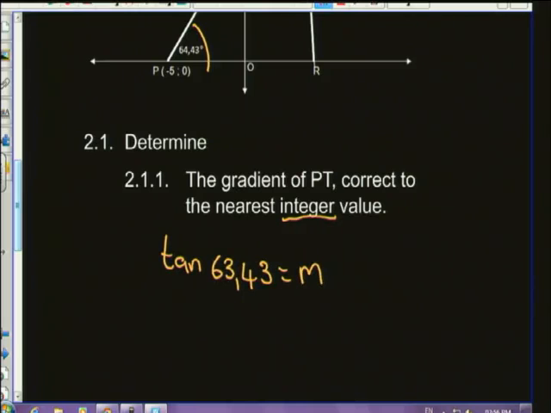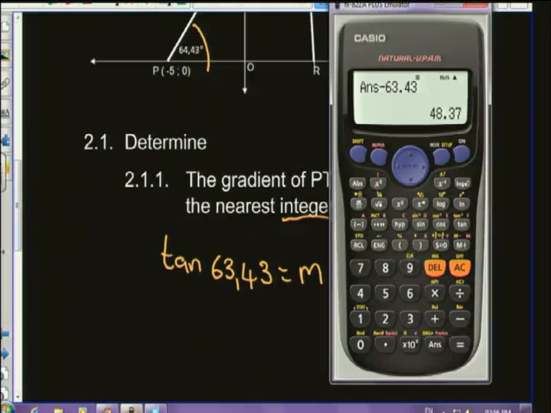All right, so let's bring up our calculator. Clear. Tan of 63.43 gives us an answer of 1.995. So if you round it off to the nearest integer, you're going to get an answer of 2.